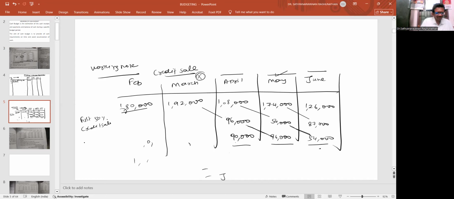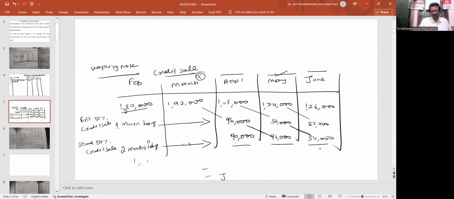So this is the 1 month lag. Second, 50% credit sale, 2 months lag.